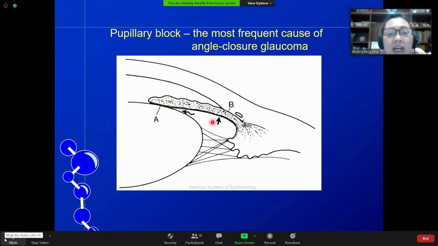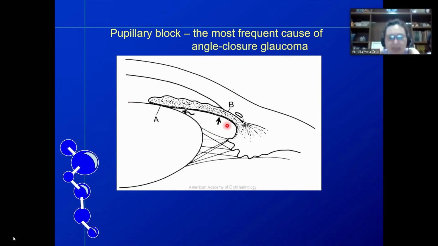Dito na siya dadaan, diretso na sa anterior chamber. Iridotomy means you create a hole in the iris, para i-divert mo ang kanyang route from the pupil to here na. Especially kung mayroong occlusion.